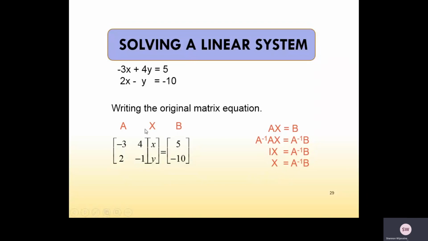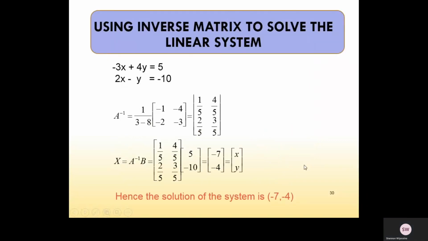That is, you have to find the inverse of A and multiply it by B. So these are the two equations, and then we have to find the inverse of matrix A. This is how you find the inverse of a 2 by 2 matrix: 1 over determinant of A. Determinant of A is 3 minus 8.